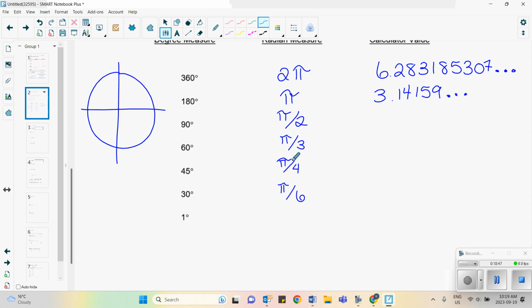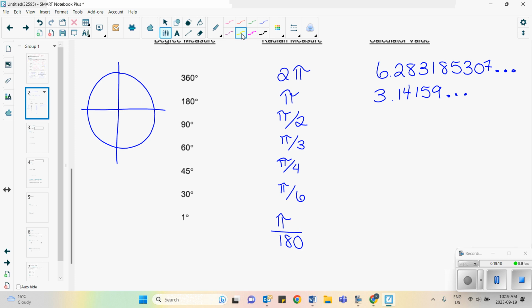Okay, so now what? 180. Pi by 180. You could have done 2 pi by 360, because there's 360 degrees in a full circle. We didn't want to reduce that fraction, so we did pi by 180.